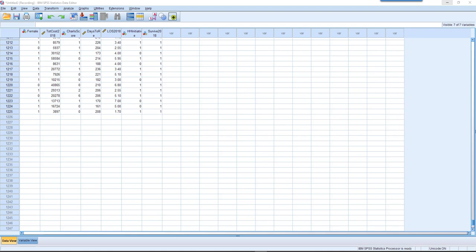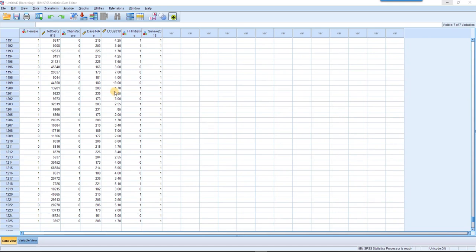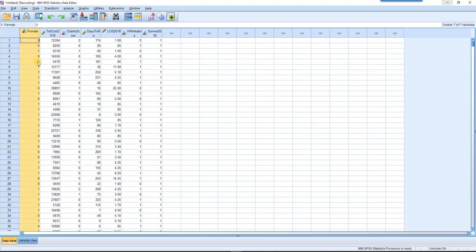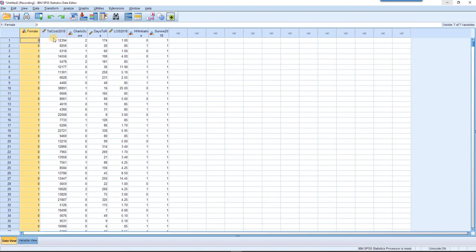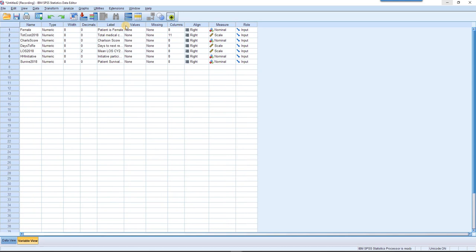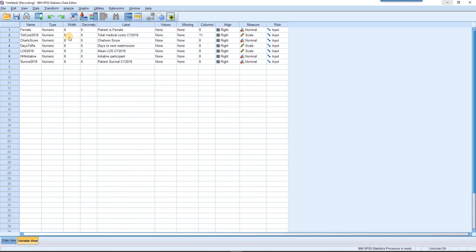So running the Kaplan-Meier survivability analysis only takes a couple of quick steps. Once you have actually taken a look and kind of understand your data set a little bit more. So in our data set, we have our gender variable, 0 for male, 1 for female. We have the total cost, which is a variable view here. We have the total cost of all of the patient's healthcare in calendar year 2018.